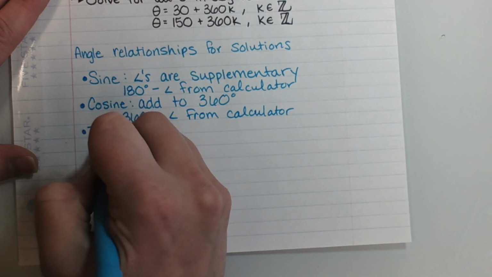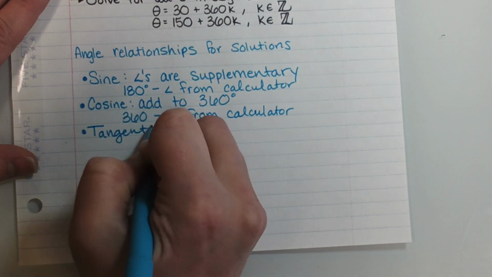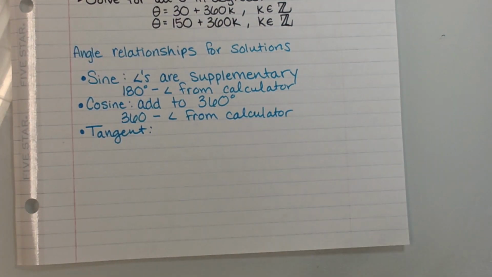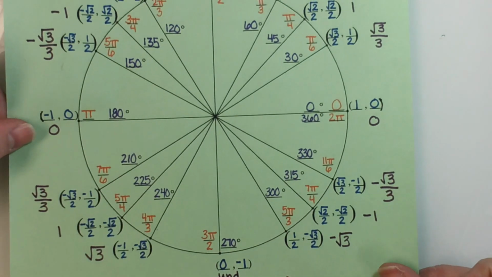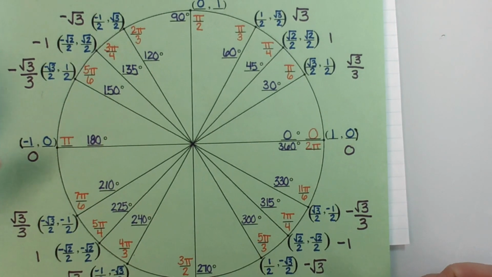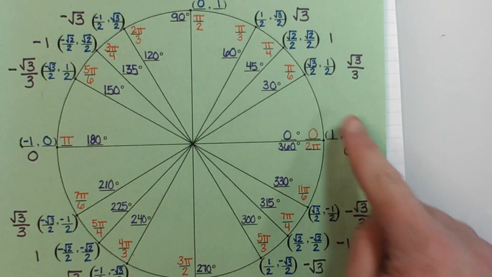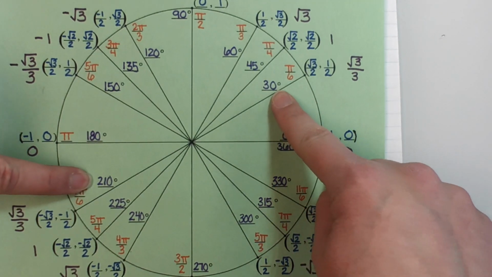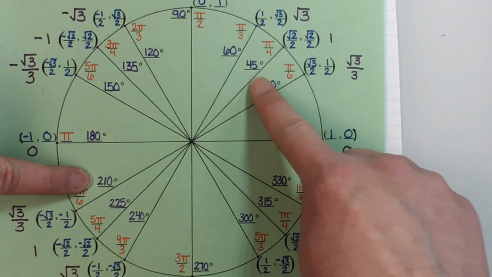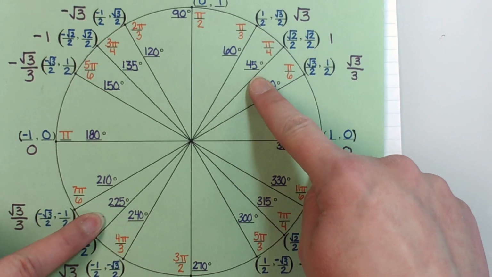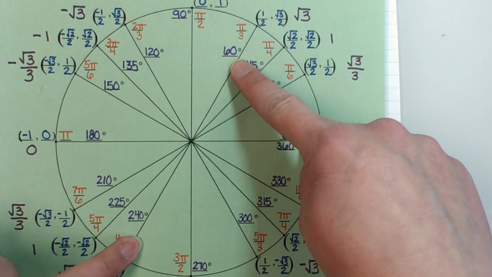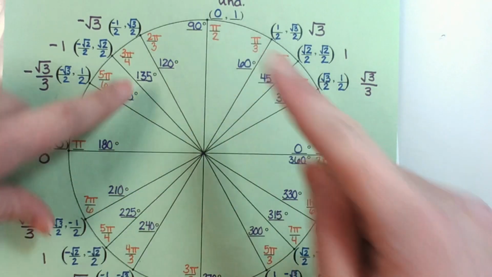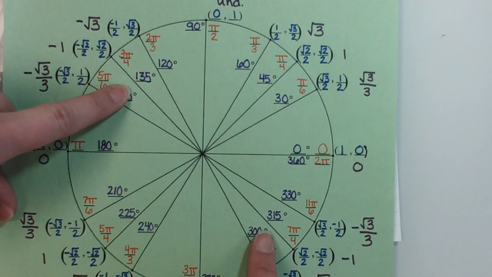Tangent. Tangent is the same at things like 30 and 210, 45 and 225, 60 and 240, 90 and 270, 120 and 300.